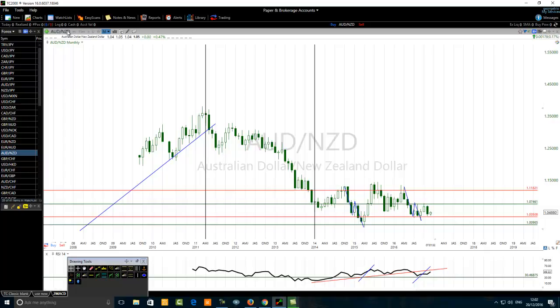That's the correction. When the Australian dollar, New Zealand dollar is going up, the Australian dollar is appreciating against the New Zealand dollar.